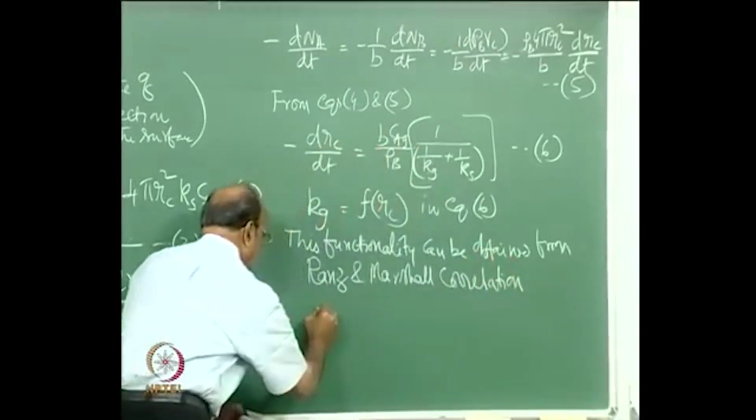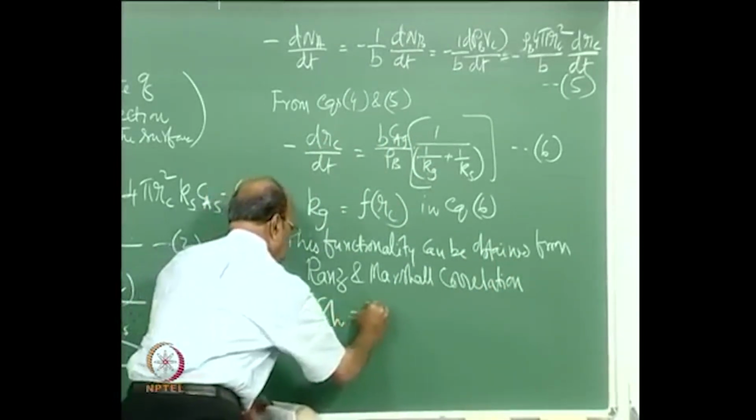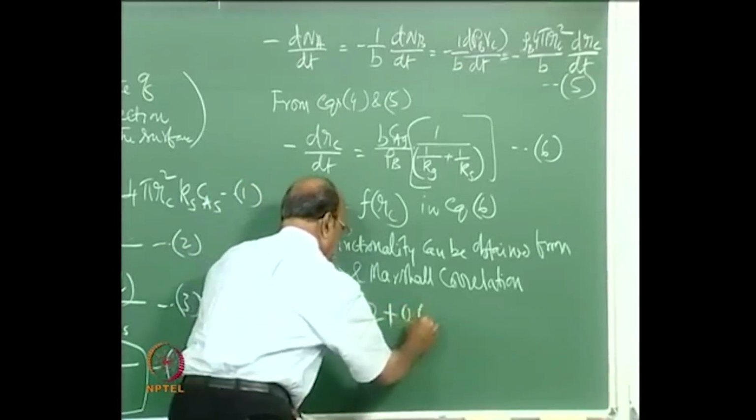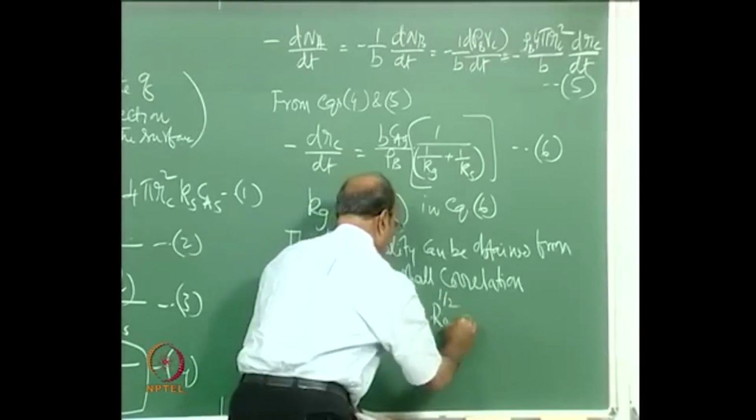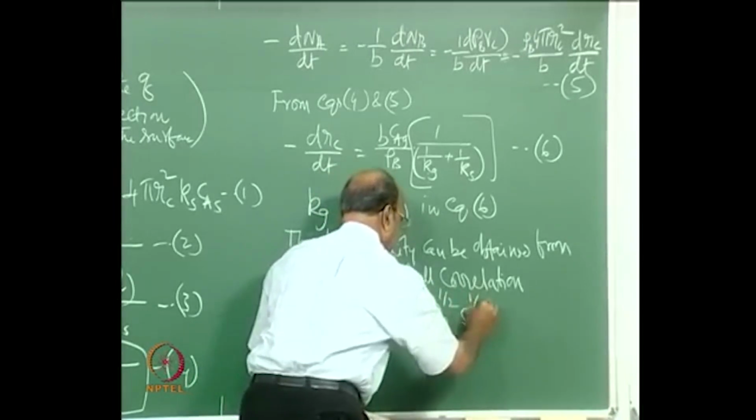What is that? Sherwood number equal to 2 plus 0.6 Reynolds to the power of half, and Schmidt to the power of 1 by 3.